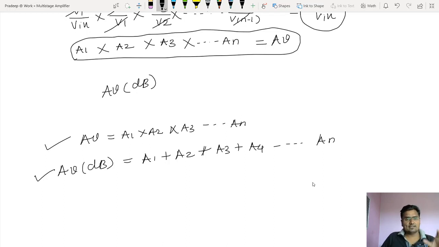So in this chapter, what will we learn? We'll learn multi-stage amplifiers, the different methods to connect every stage to another stage, what we call coupling. So that was the theoretical part actually. These things we are going to discuss in this complete chapter.